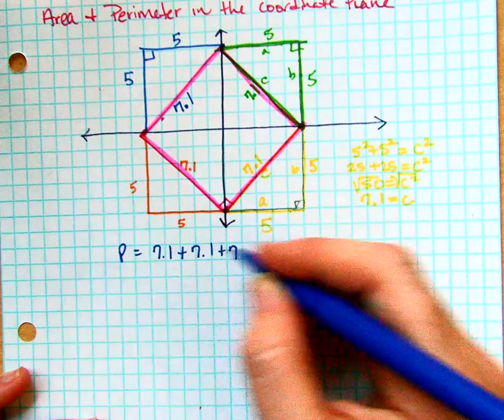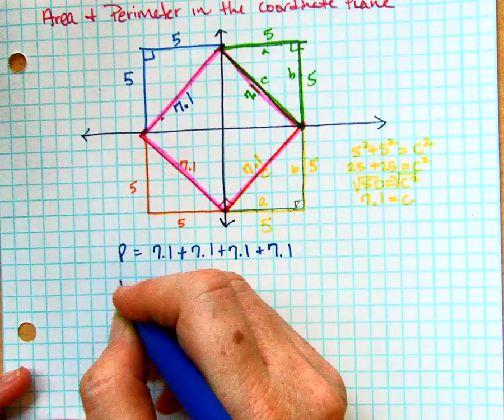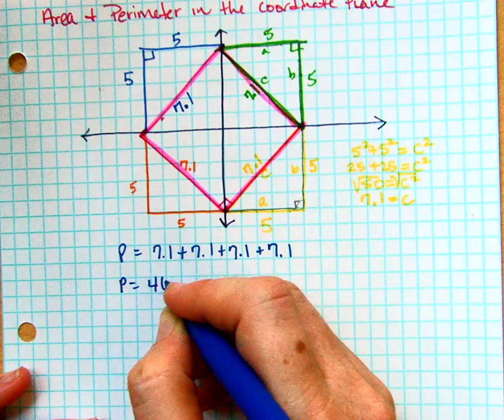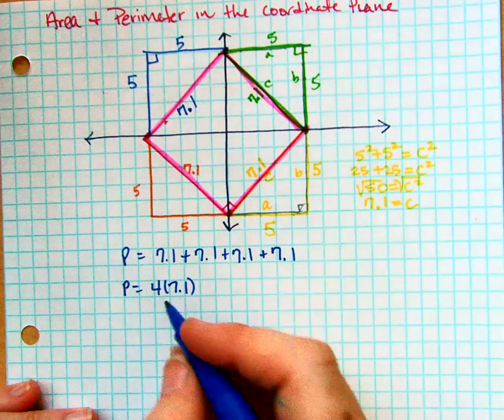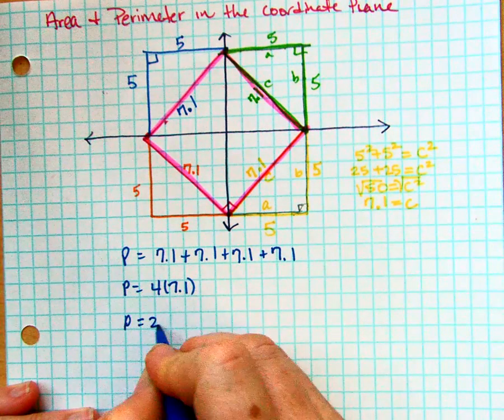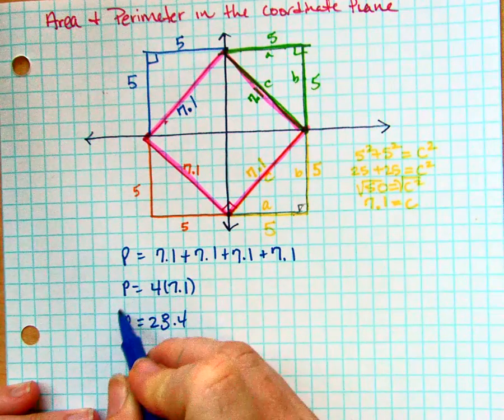Now remember, that's perimeter. How long is the distance all the way around? Or I could do 4 times 7.1 because it's a square, and that would give me a perimeter of 28.4 units.